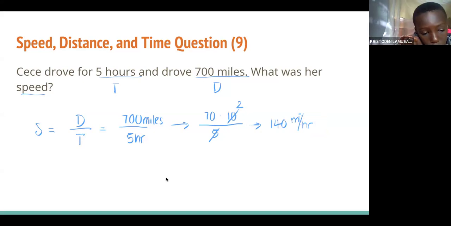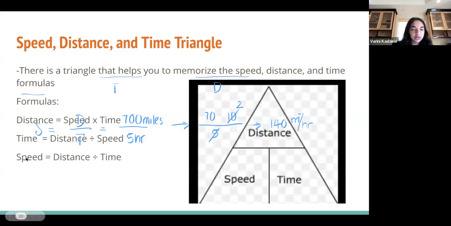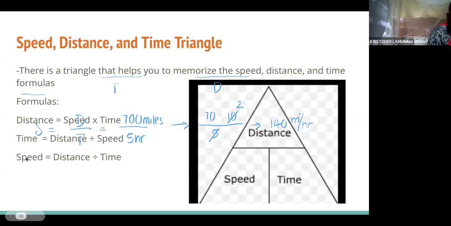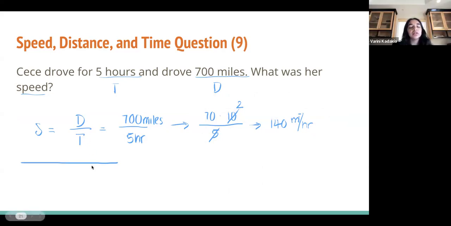Madam, please, can you explain how you got the answer? Yeah. So remember the formula we had before? Speed is equal to the distance over time. We just use that here. You need to figure out what your time is and what your distance is. Distance is always in units like miles, kilometers, meters, and time is always in units like hours, seconds, minutes.